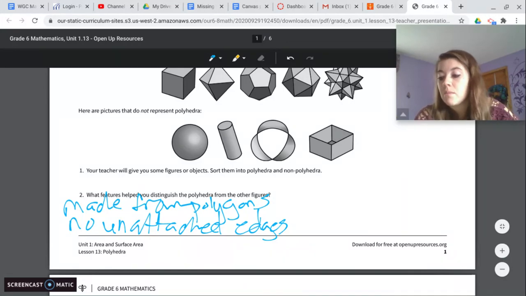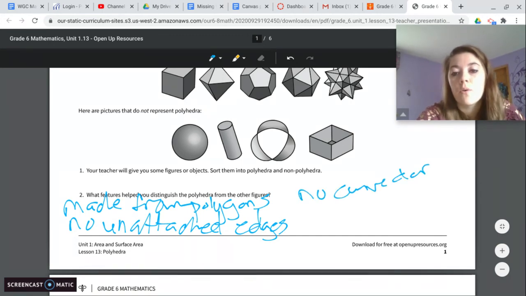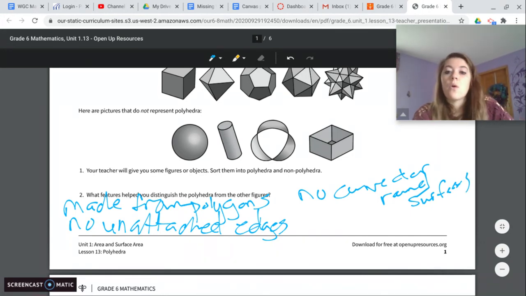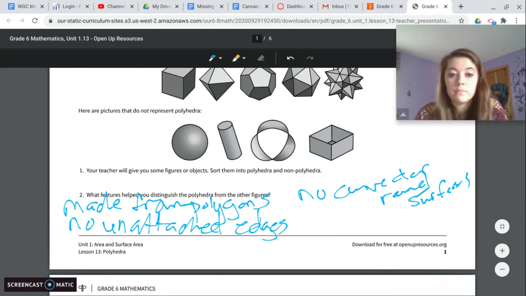Non-polyhedra sometimes have curved or round surfaces, so no curved or round surfaces. So those are some things that we can use to distinguish between polyhedra and non-polyhedra.